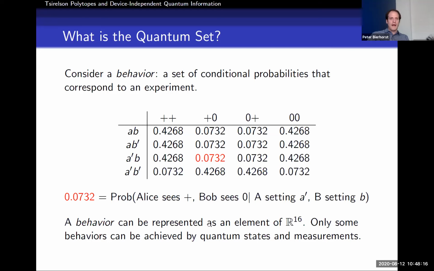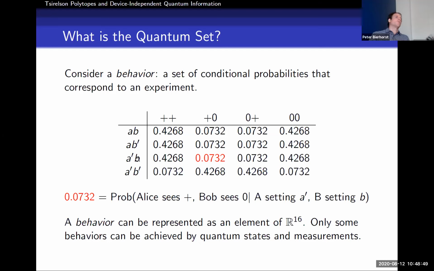Alice and Bob have two different measurement settings each, and there's a range of probabilities corresponding to particular settings and outcomes that can happen in this experiment. So let's look at this row here. I've highlighted this probability in red. Alice has two different measurement settings she can choose, denoted A and A prime, and Bob has two different settings, B or B prime.